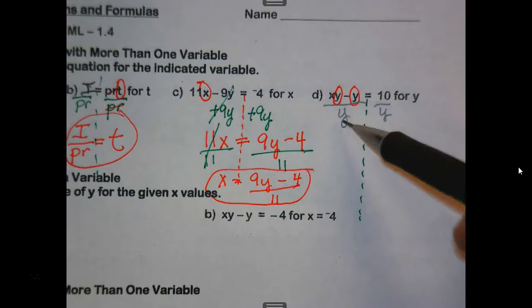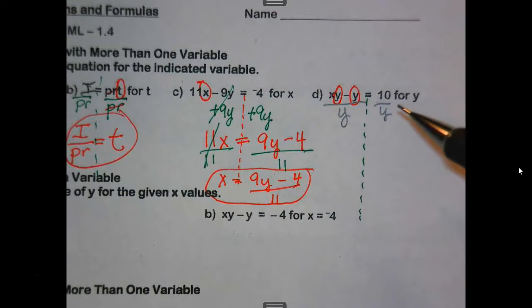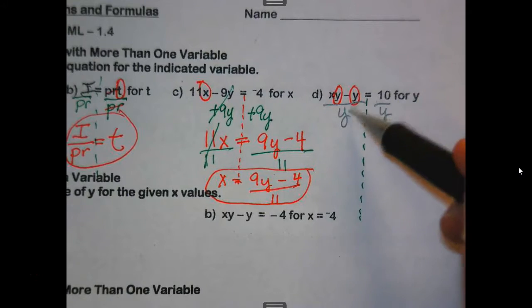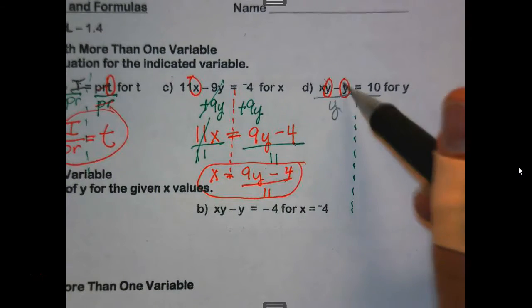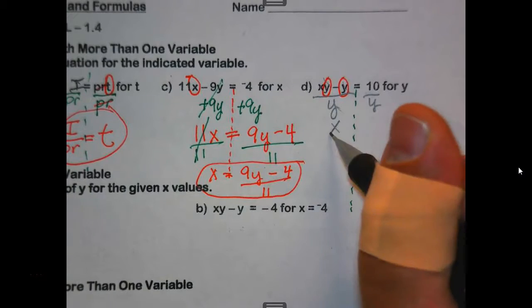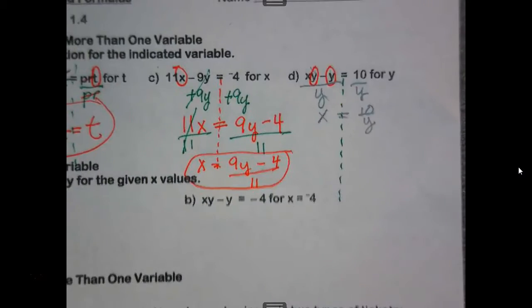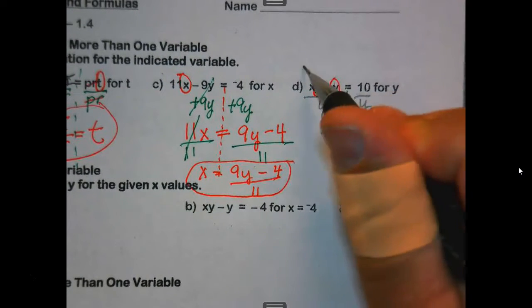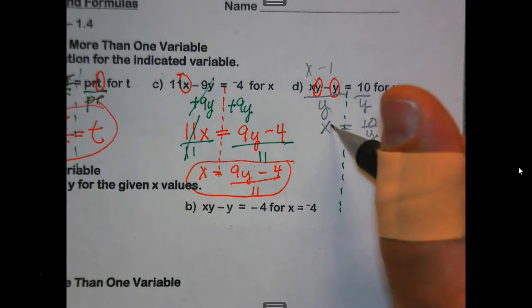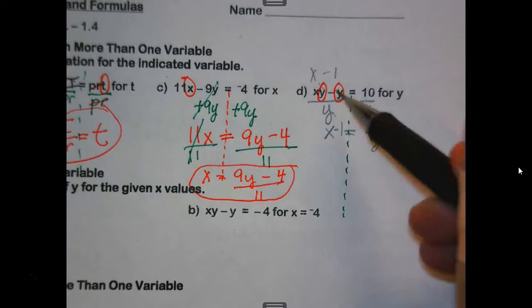And since every term has a y, these all cancel out. I get x equals 10 over y. Actually, this is x minus 1, right? Because y over y is 1.